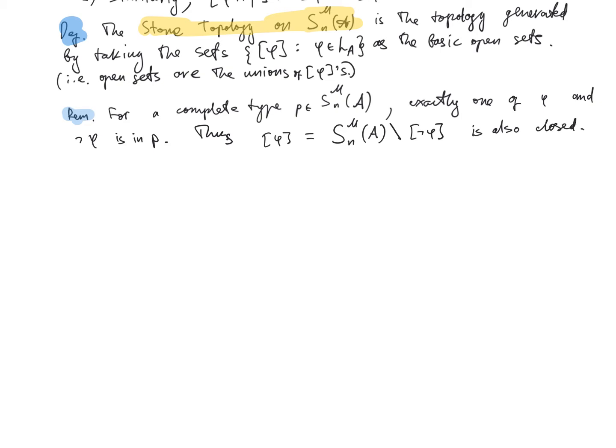So this shows that any set of the form, all types containing phi, is both closed and open in the topology we just defined, and we refer to such sets as clopen sets.